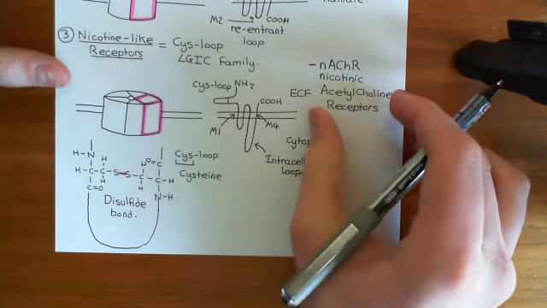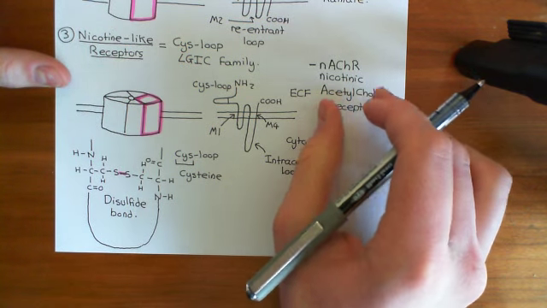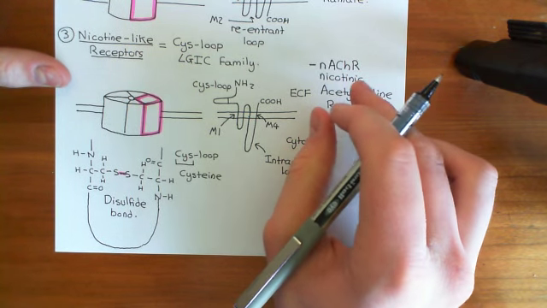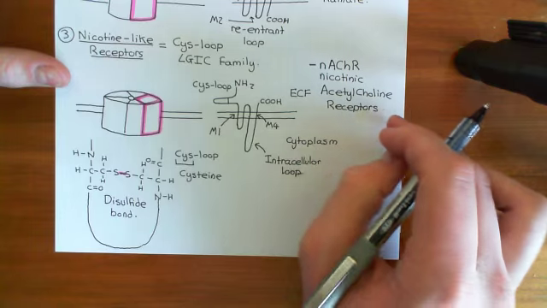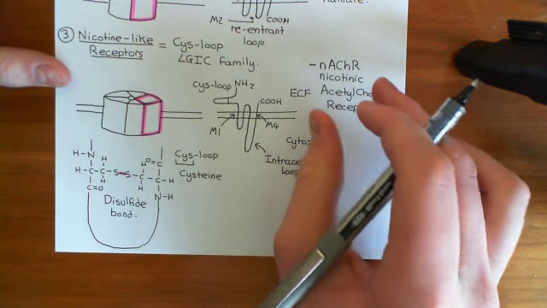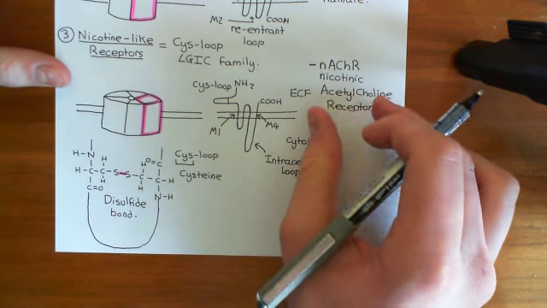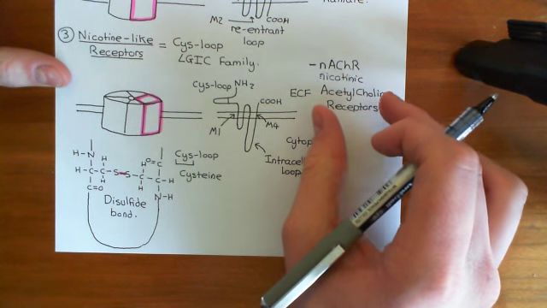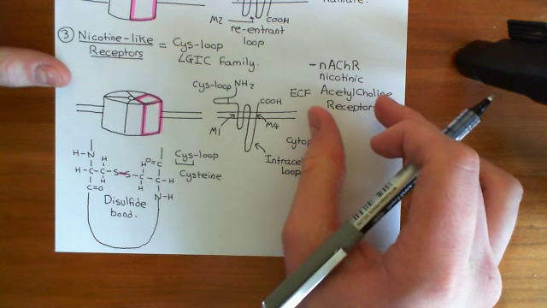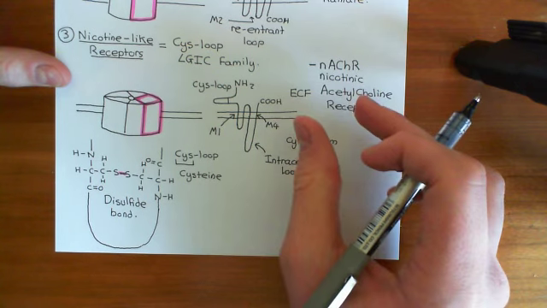So this is a massive great family of receptors which are all very, very similar and which respond to acetylcholine as well as, in some cases but not all cases, nicotine. Not all of the members of the nicotinic acetylcholine receptor family actually do respond to nicotine, which is a good thing because you have nicotinic acetylcholine receptors all over your skeletal muscle, and if those responded to nicotine, then nicotine would cause contraction of the muscle, and it would cause uncontrollable convulsions, basically.